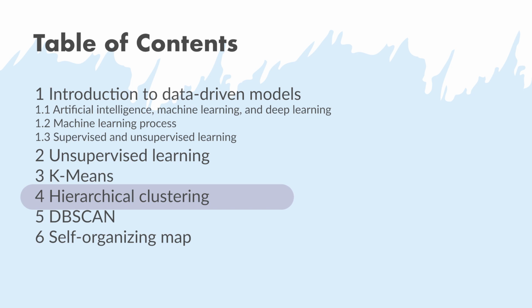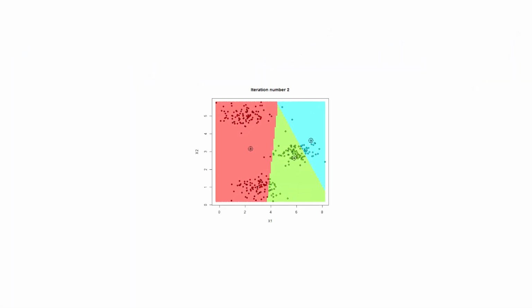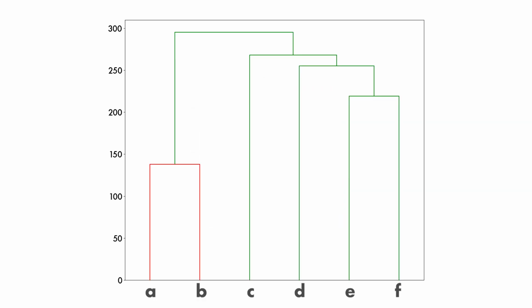Let me just leave a brief note on the hierarchical clustering before we study the DBScan and the self-organizing map. In most cases, we use partitional clustering algorithms, where we have the data points in a certain space, like a 2-dimensional space, and we construct a partition of the 2-dimensional space, and over time we evaluate the partition, and eventually we change the partition until we are more or less happy with our results.